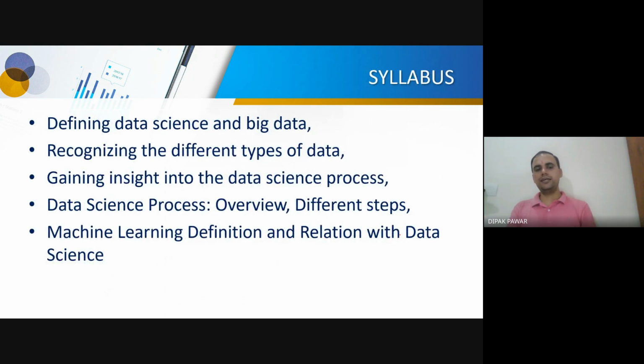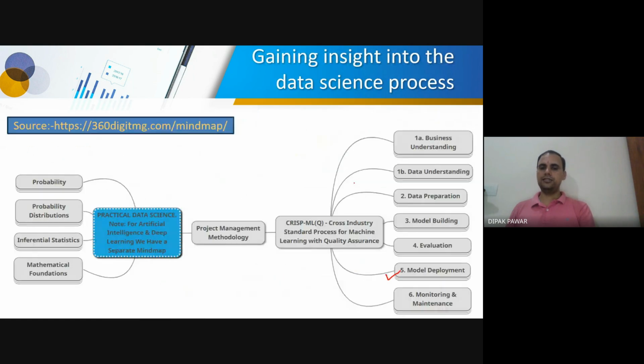Is this part clear? Right? Okay, so which different parts did we cover up to this point? We covered the definition of data science. We covered the big data problem. Next, we covered recognizing the different types of data, and we started with the data science process. What is there in the data science process? This part we already covered, and we'll just revise it, and only the last part remains.